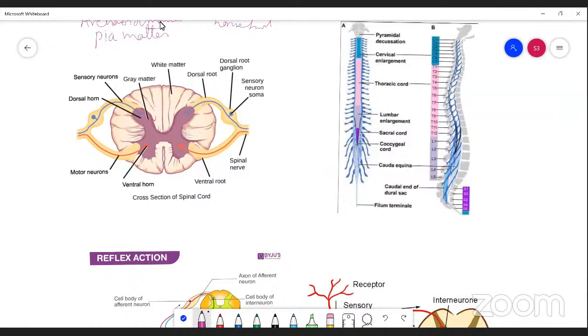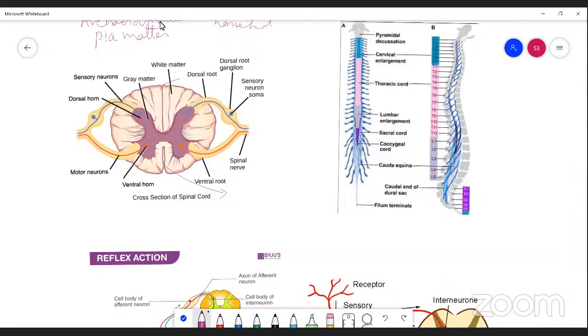There are 2 regions in the cross section. One is the posterior median sulcus. The second one is the anterior median fissure.